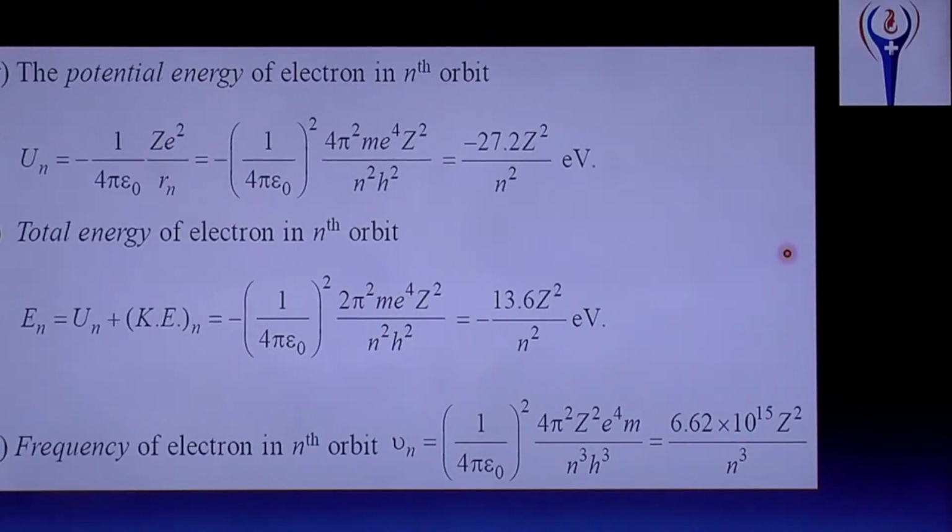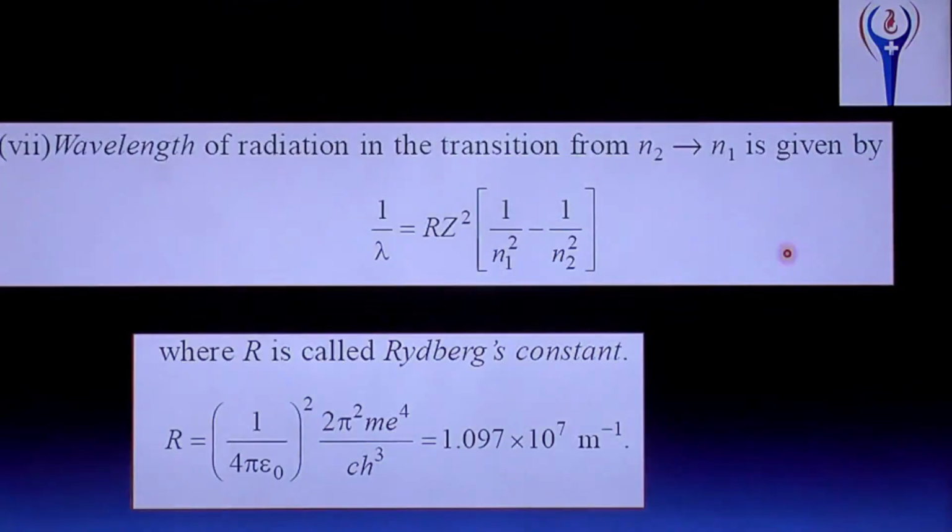Okay. Next, the wavelength of radiation. This we apply for the Lyman series, Balmer series, Paschen series, Brackett series, Pfund series and so on. That is, 1 by lambda equal to R into Z square into 1 by N1 square minus 1 by N2 square. Here N1 equal to 1 and N2 equal to 2, 3, 4 for the Lyman series, as we have discussed.